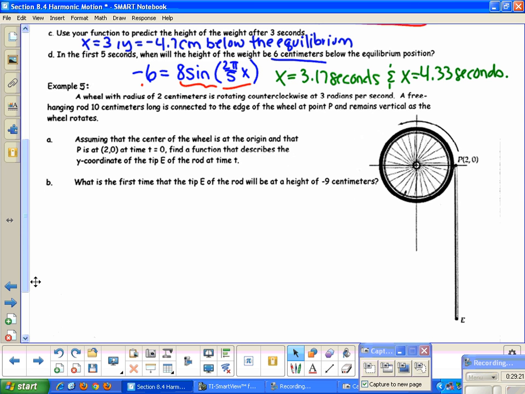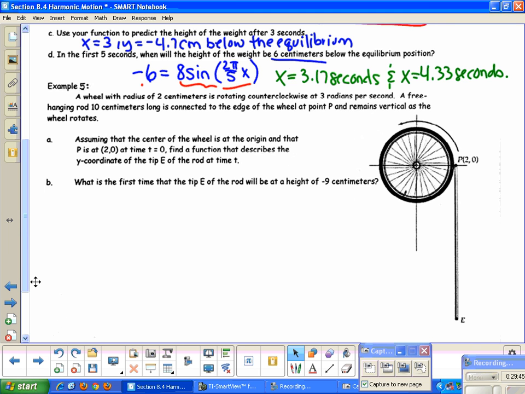For A, it says, assuming that the center of the wheel is at the origin and that the point P is at 2, 0 at time t equals 0, find a function that describes the y-coordinate of the tip E of the rod at time t. And then B says, what is the first time that the tip E of the rod will be at a height of -9 centimeters?